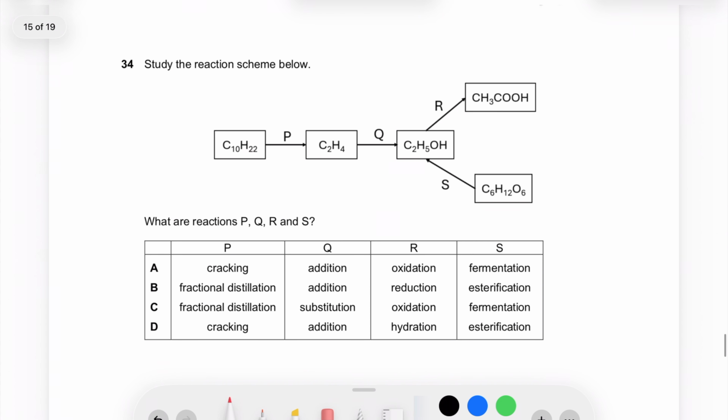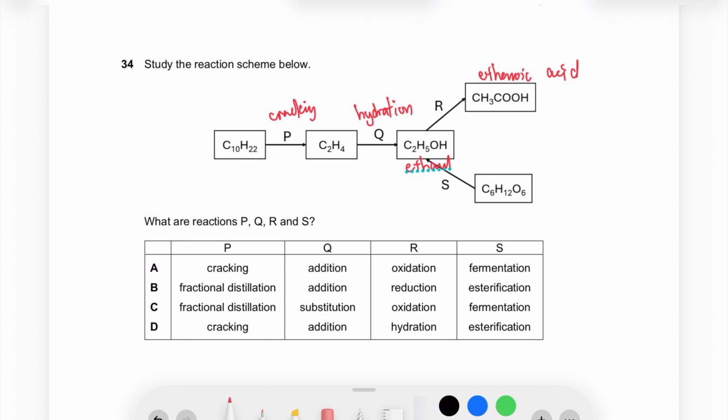34. What are the reactions P, Q, R, S? So let's see this one. From here to here is obviously your cracking, and from here is hydration of your alkene. So from here C2H5OH is ethanol. This is ethanoic acid.